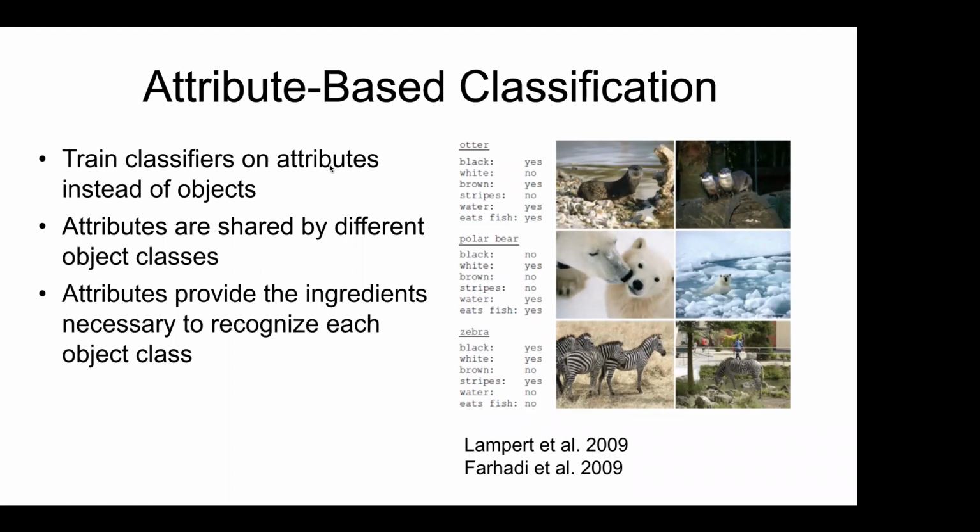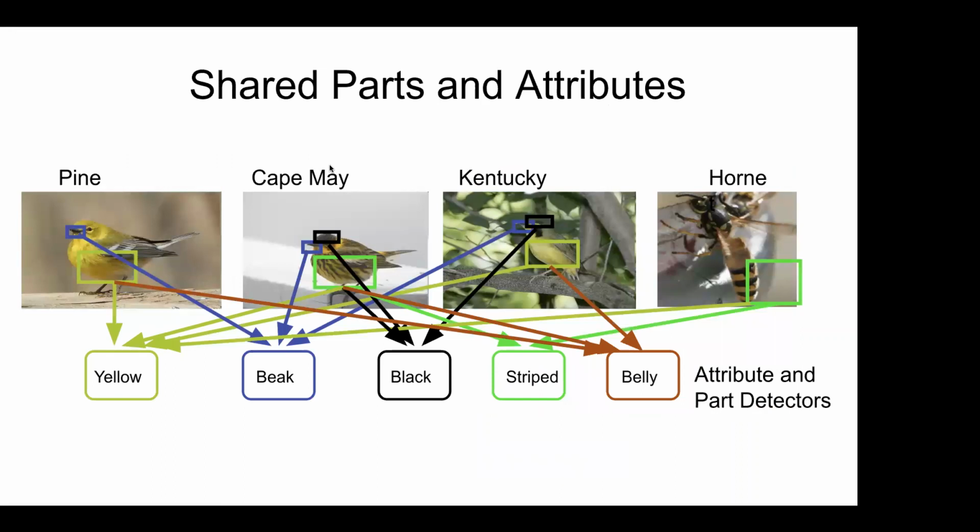I also mentioned that attributes can be put together like parts. You can think of attributes like adjectives, and the parts could be like nouns. The parts have position. So it's conceivable, for example, in a biodiversity data set, that you could have a set of parts and attributes that are shared even across different species. So you would run these attribute and part detectors up front and get perhaps a logarithmic scaling benefit in the big picture for how this works.